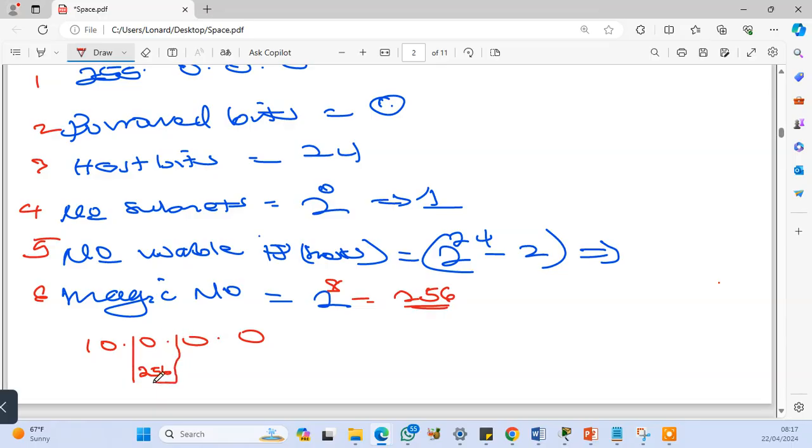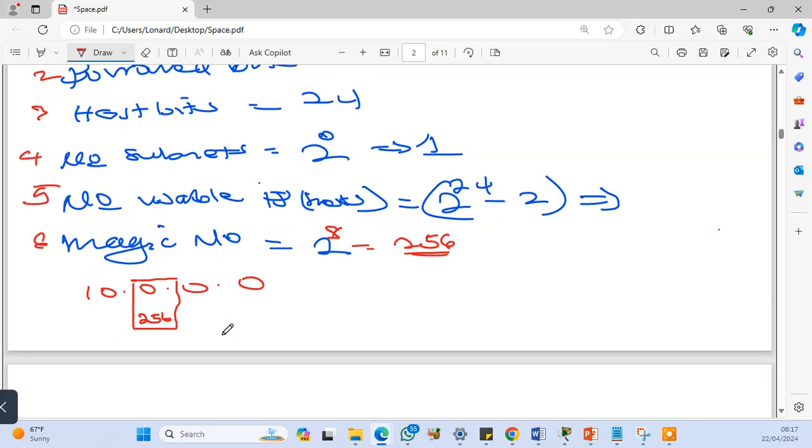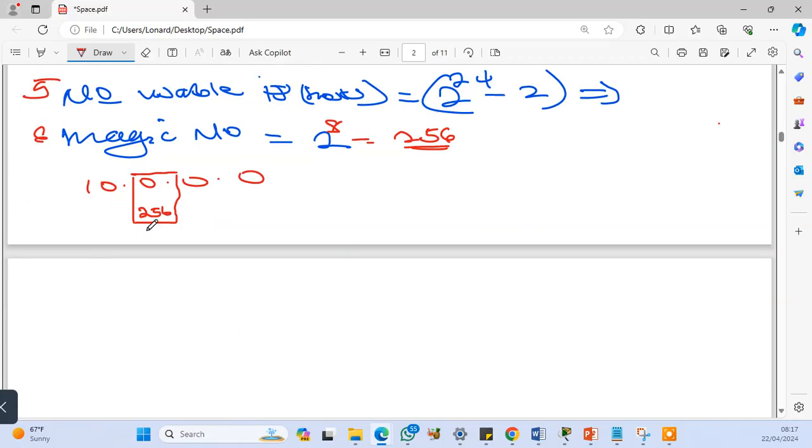If I add it on this, obviously I will get 11, because this one here is going to reach the maximum limit, and then it will become 11.0.0.0.